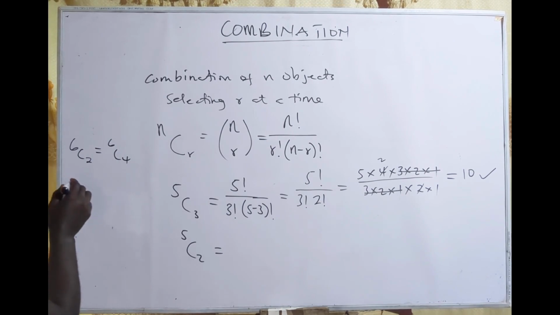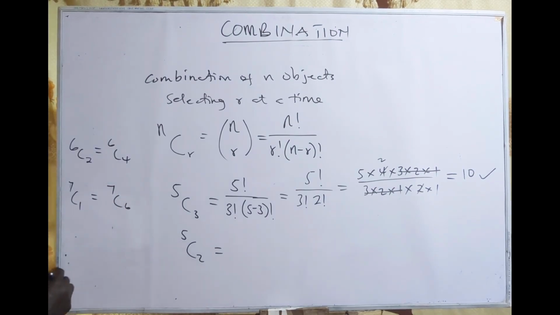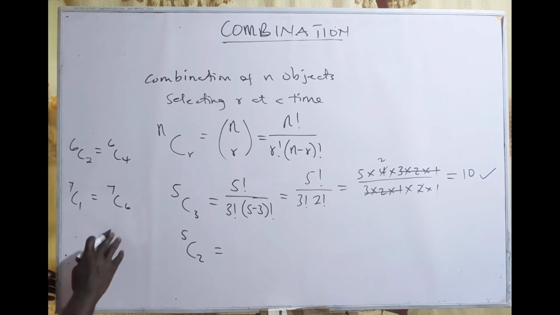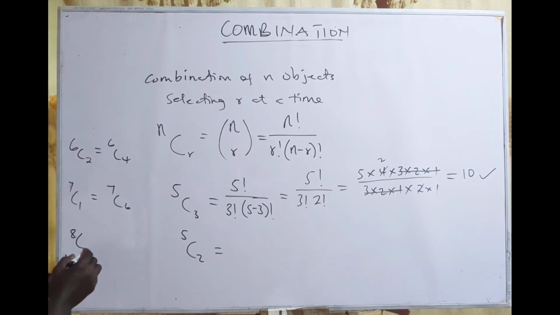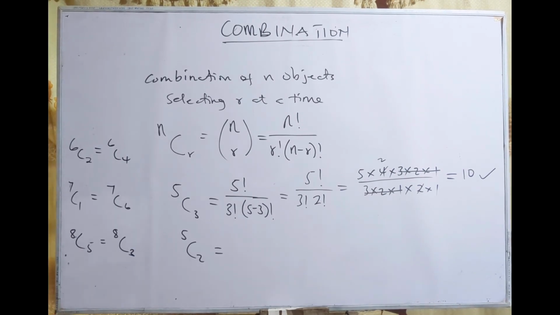If I have 7 combination 1, it is the same as 7 combination 7 minus 1, 6. If I have 8 combination 5, it is the same as 8 combination 8 minus 5, that will give me 3.